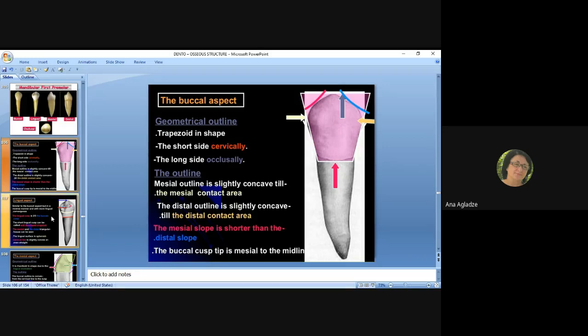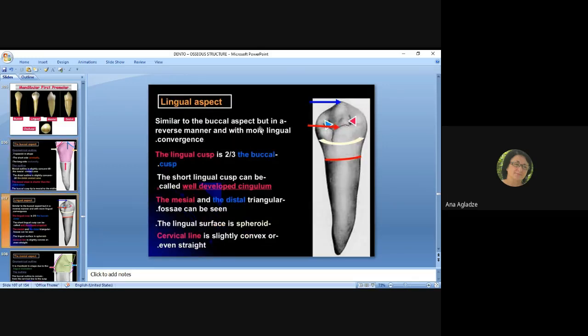Then this is the lingual aspect. You can see the lingual cusp is 2/3 of the buccal cusp. This is the lingual cusp and this is the buccal cusp. The short lingual cusp may be called a well-developed cingulum.